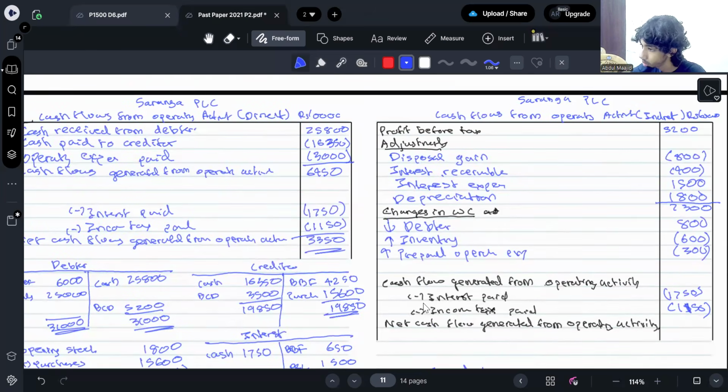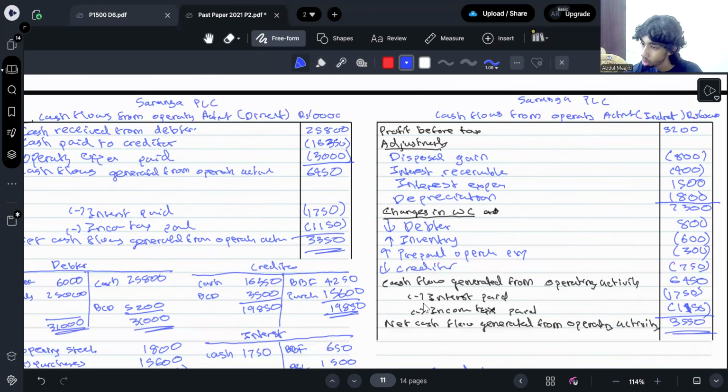Cash flow generated from operating activity, we have separated. Minus creditor 750, that is 6,450. 6,450 minus 1,750 minus 1,150, 3,550. So that is cash flow from operating activity based on the indirect method.